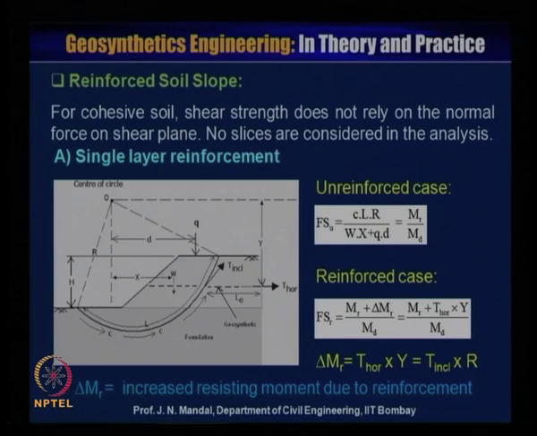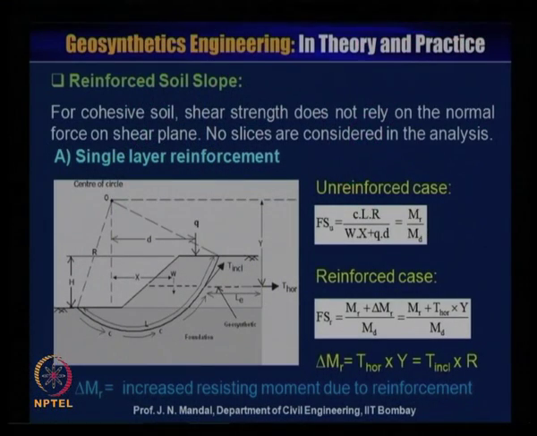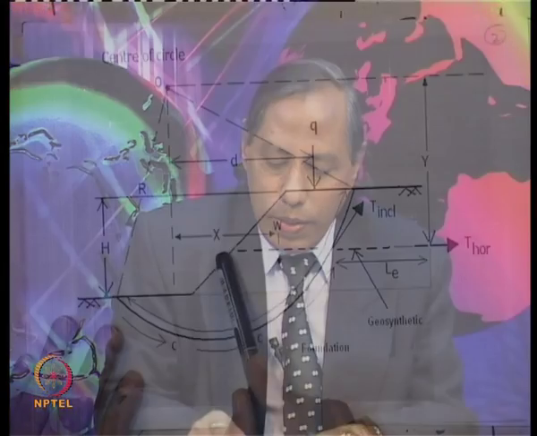We know that in case of the unreinforced soil, the factor of safety against sliding is C into L into R divided by W into X plus Q into D. Let us consider one layer of the reinforcement here.